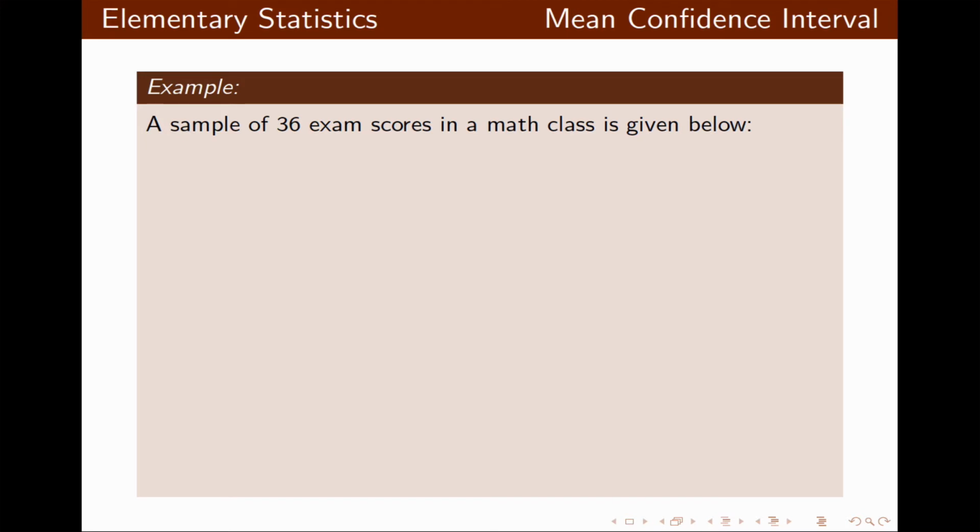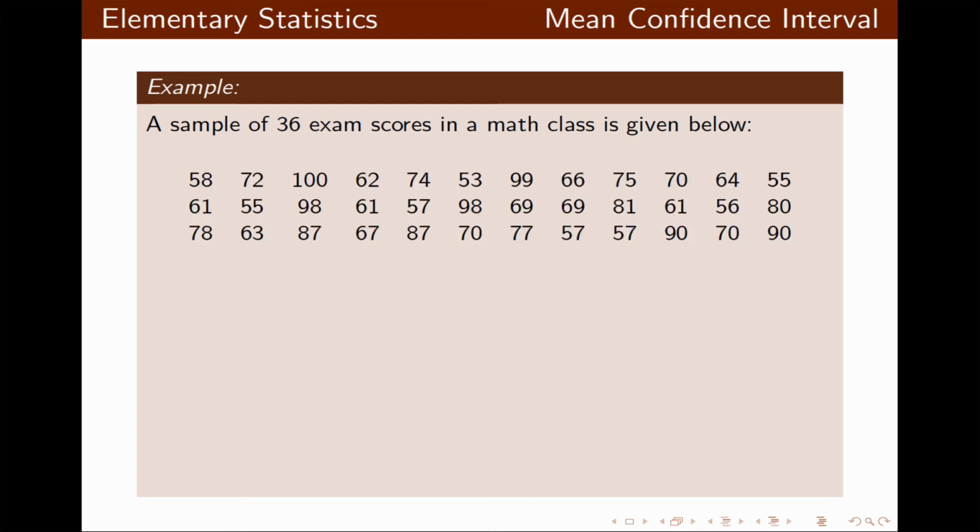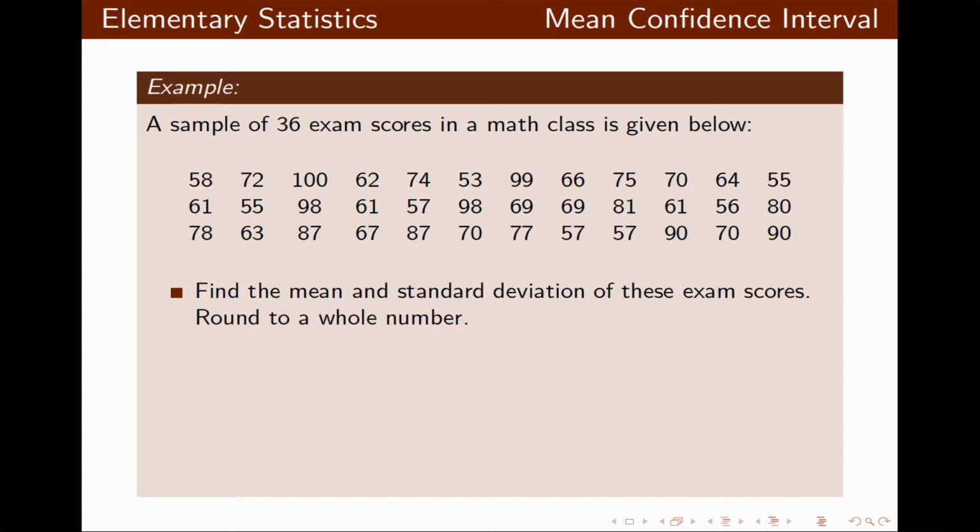A sample of 36 exam scores in a math class is given below. We want to find the mean and standard deviation of these exams and round them to a whole number. We want to construct a 90% confidence interval for the mean of all exams.